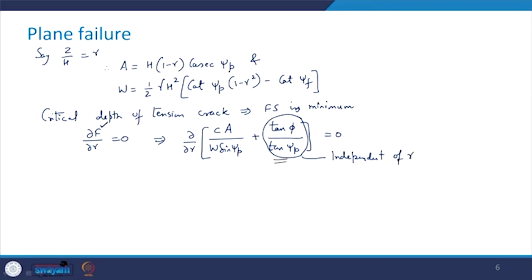So, its differentiation is going to be 0, and C and psi p, they are also constant. So, ultimately this equation will be reduced to del r of A upon W to be equal to 0. Now, this A and W both are functions of r, as you can see here. So, we need to do the differentiation accordingly.